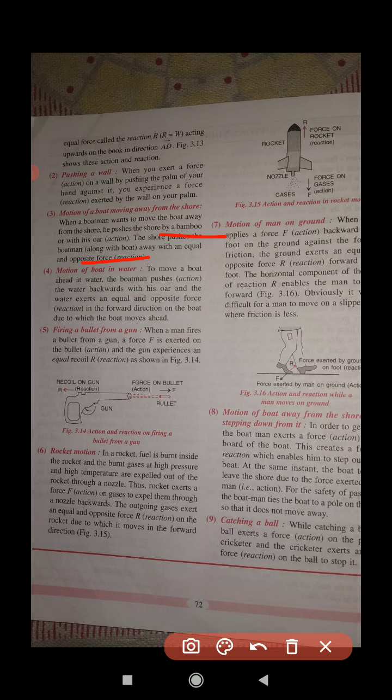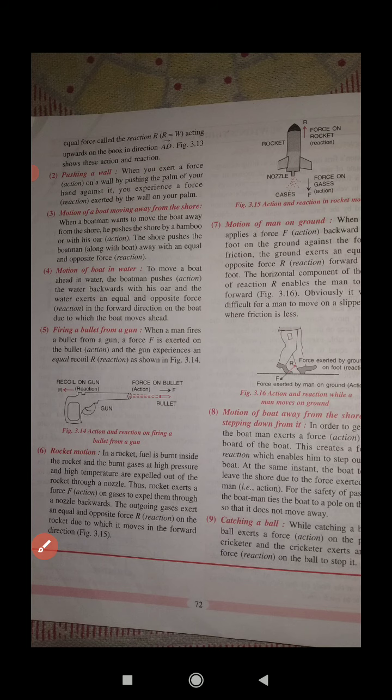Similarly, the motion of a boat on the water, and also firing a bullet, is a very important example you need to understand.